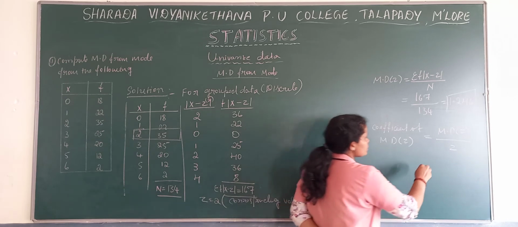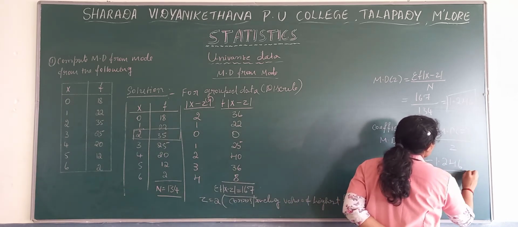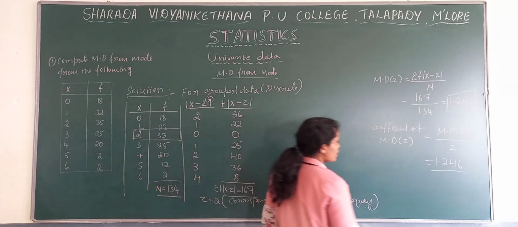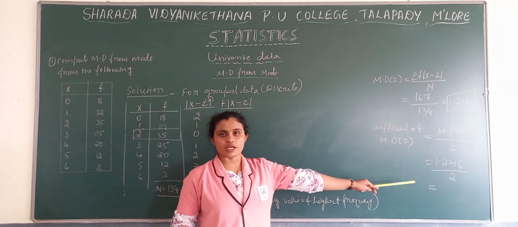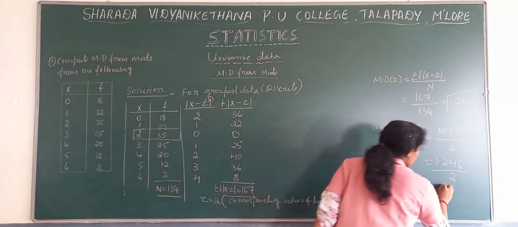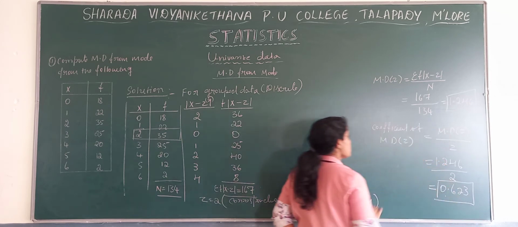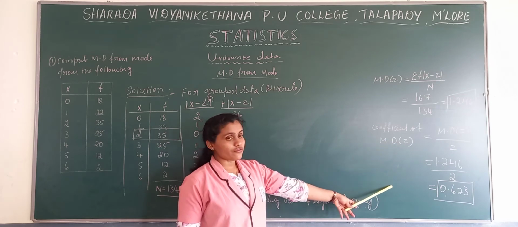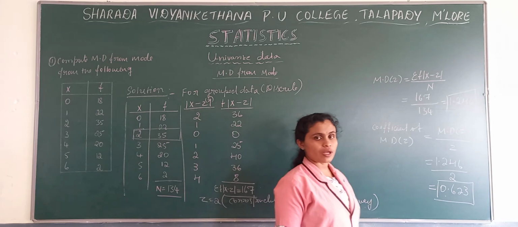Thus the coefficient is mean deviation from mode divided by mode, and the mode is 2. So 1.246 divided by 2, we get 0.623. So this is the coefficient of mean deviation from mode, and this is the mean deviation from mode.